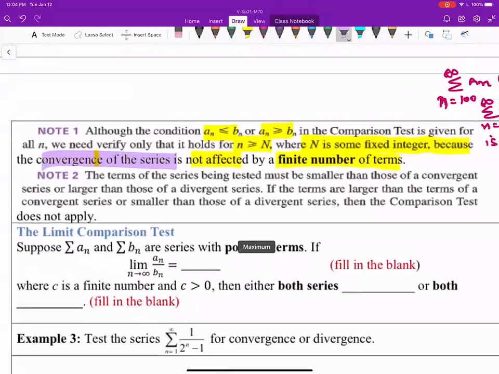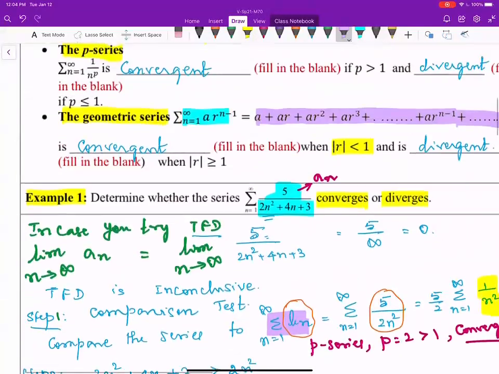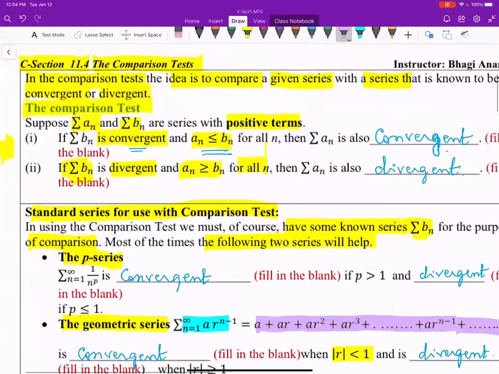The terms of the series being tested must be smaller than those of the convergent series, or larger than those of the divergent series. If the terms are larger than the terms of a convergent series, or smaller than those of a divergent series, then the comparison test does not apply. What it means is, here you have convergence for sigma bn. If you have convergence for sigma bn, but instead of establishing an less than or equal to bn, you establish an more than or equal to bn, the comparison test does not apply.